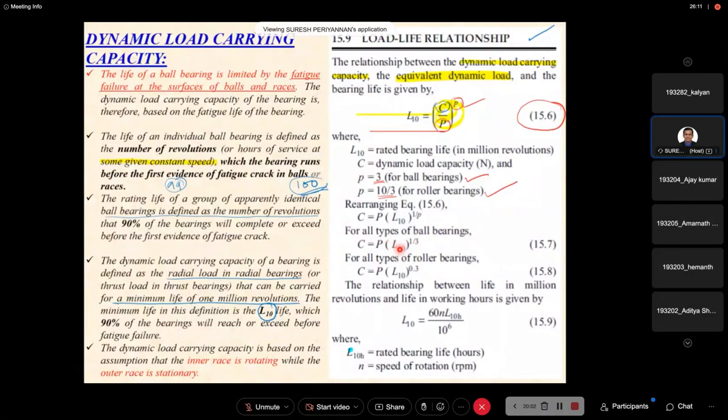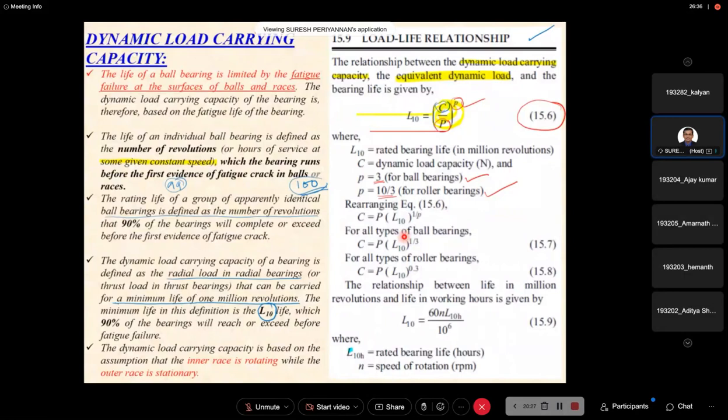But for L base 10, we have to know how many revolutions our bearing requires; while designing the bearing, we should decide. Any component you are making or designing, you should know its life at least.